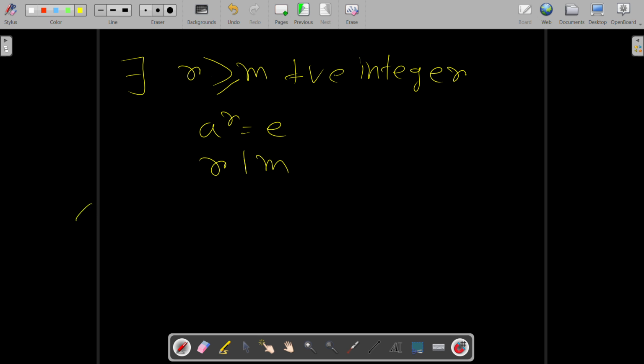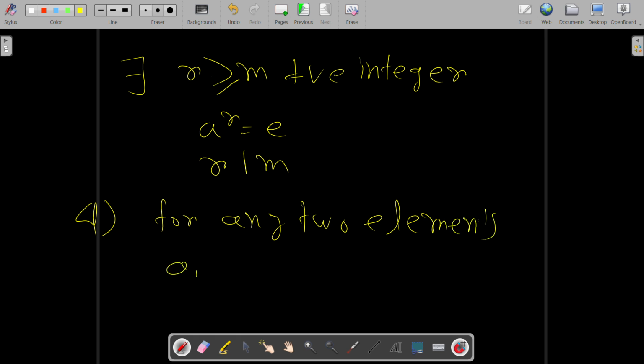And now the next point: for any two elements a, b belongs to G, the order of ab equals the order of ba.